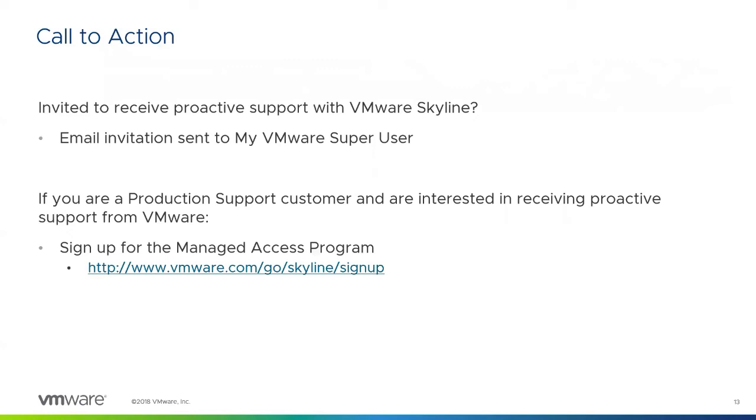But at a high level, for Skyline, we've got support all the way from Pat. All the business units are in making Skyline successful. And we will make sure there is clear differentiation in the value that we offer. Today, Skyline is really focused on how we can help customers proactively remediate issues based on the wealth of information that we have: KB articles, best practices, and so on and so forth, right?